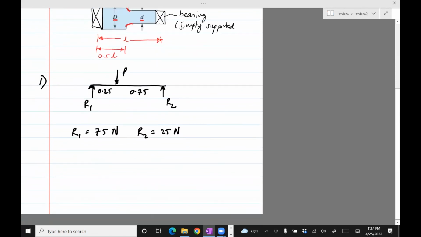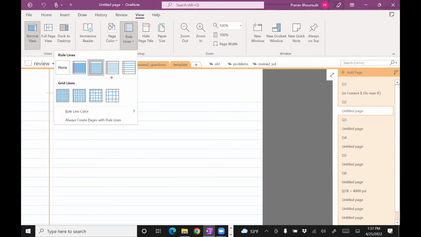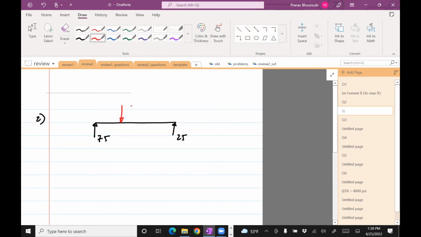Once we do that, the second step is to draw the shear force and bending moment diagram. Let's do that on a different page. R1 is 75, R2 is 25, and P is 100, and these distances are 0.25 and 0.75.